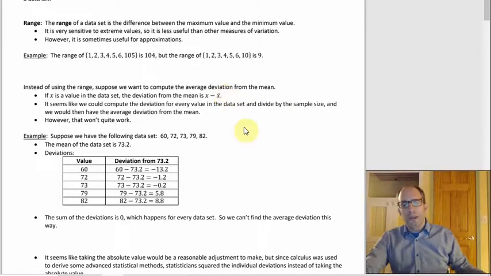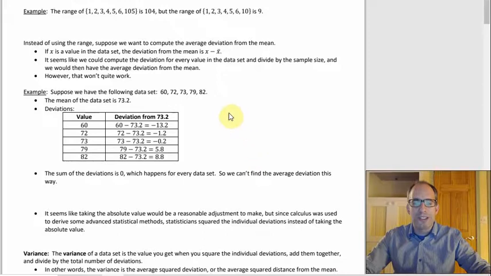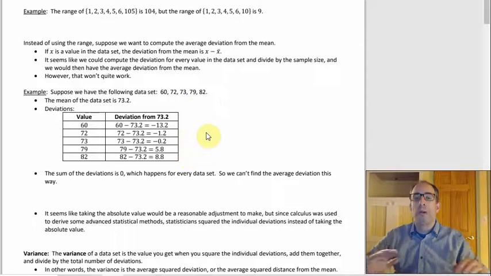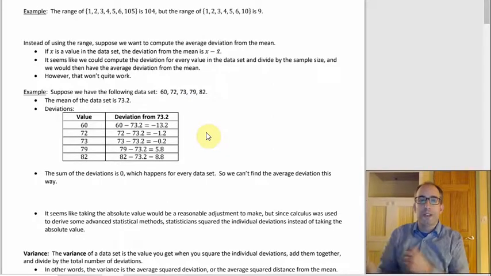And it seems like you could compute the deviation from every value in the data set, divide by the sample size, then that would give you the average deviation, but that doesn't quite work because what will happen every single time, no matter what data set you have, so it works for this example here, but it will work for everything, is you will get 0 for the sum of your deviations. And it's because of the way that the mean is computed.